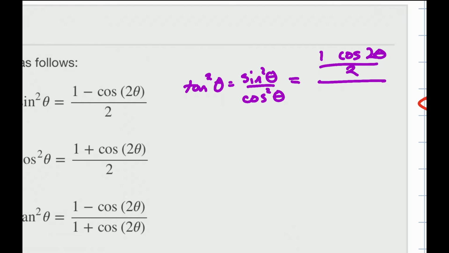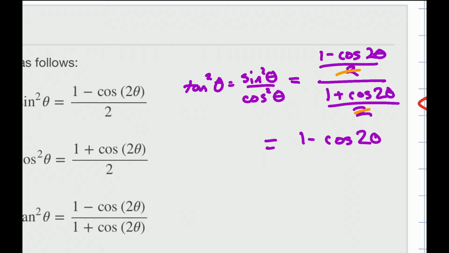This one's a minus. This one's a plus. And then what happens there is your 2's cancel, and you end up with 1 minus cosine 2 theta over 1 plus cosine 2 theta, which is this last formula.